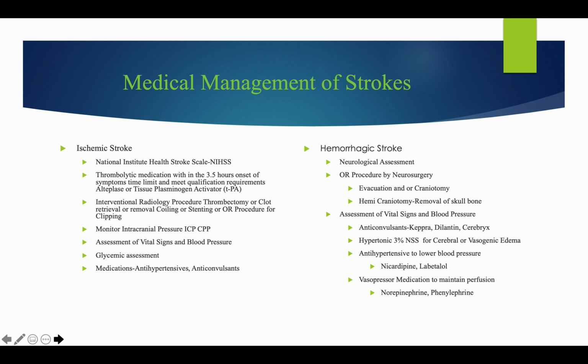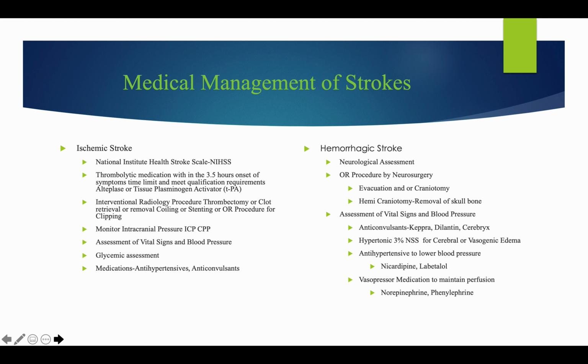We're constantly assessing vital signs, making sure that the patient isn't febrile, that they're not having any cardiac arrhythmias, and their blood pressure, making sure that they're not hypotensive, which can cause spasm, or hypertensive, which can cause increased potential for bleeding. You're assessing their glycemic levels. Common medications for ischemic patients are antihypertensives and anticonvulsants, and I'm going to explain what they exactly are in just a little bit. Hemorrhagic strokes, you're doing ongoing neurological assessments.